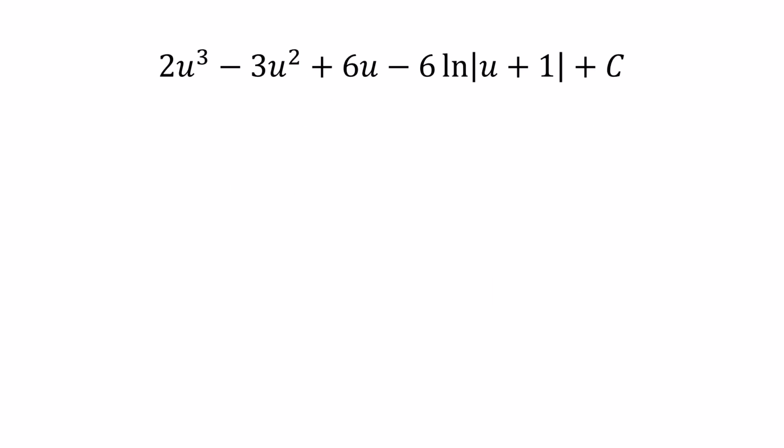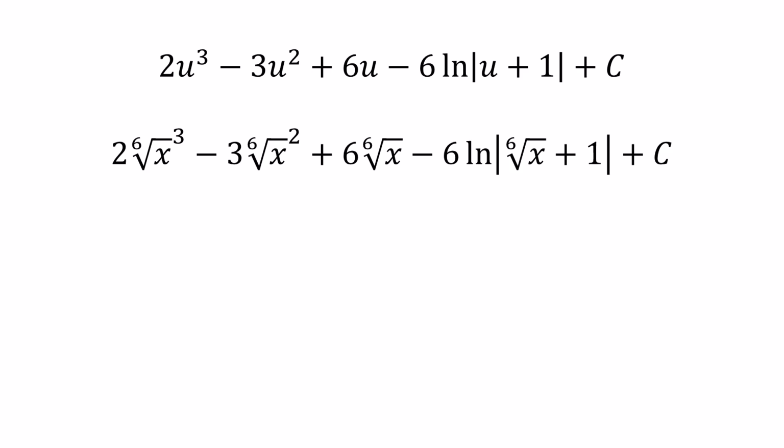Back substituting for u then gives 2 times the 6th root of x cubed minus 3 times the 6th root of x squared plus 6 times the 6th root of x minus 6 ln absolute value of the 6th root of x plus 1 plus c.